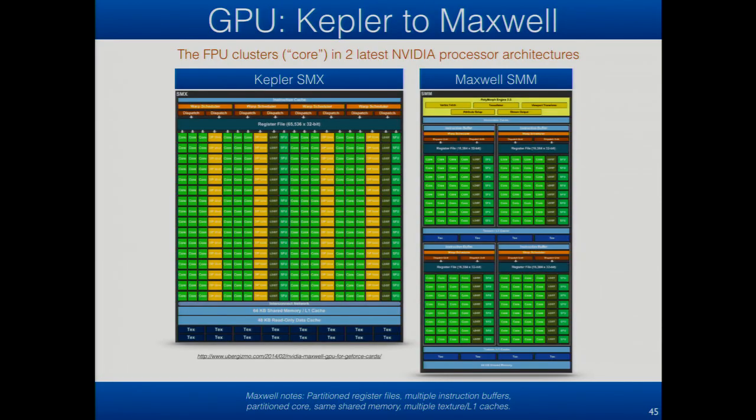So if we look at the transition from Kepler to Maxwell, Kepler had 192 floating point units, all talking through 64K of shared memory, while Maxwell, they've partitioned again. The core is now sub-partitioned into 4 mini-cores, okay?